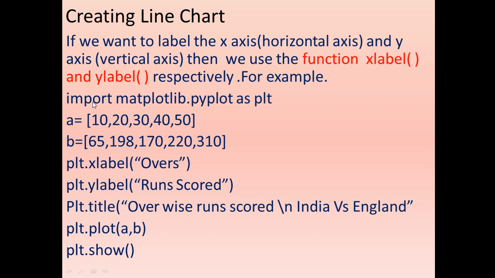In the form of an example. Now I have created other values for a and b: 10, 20, 30, 40, 50 are the x coordinates, and b is 65, 198, 170, and these are the values for the y coordinates.